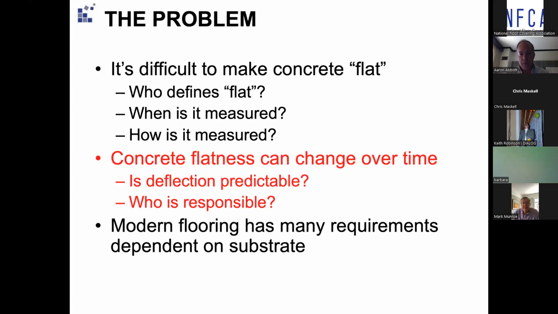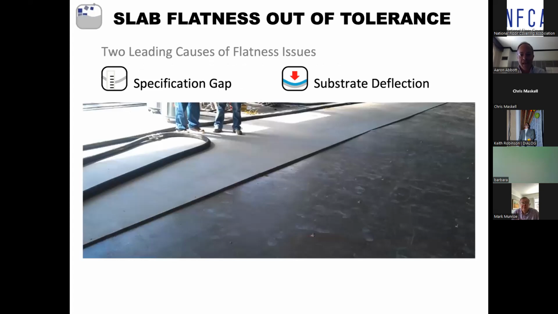So a lot of people have thought about these questions over the years. And what does this deflection look like? Well, it can look like this photograph where you have on the lower right-hand side a concrete slab which has been recently poured, and on the upper right-hand side, on the diagonal, you have some self-leveling underlayment.